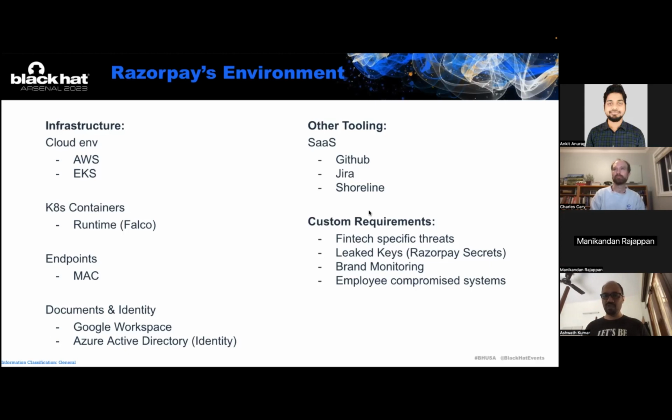If these keys get into the hands of attackers, they might be able to take over the account of a merchant, or do malicious things with the merchant's account. We also wanted to look at fintech specific threats, brand monitoring, and some employee machine compromise. For each of these scenarios, we use a different tool. I'll talk about it in the next few slides.